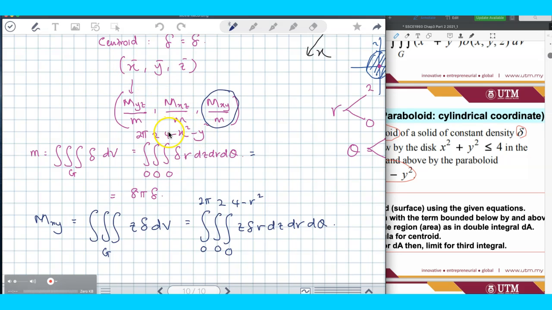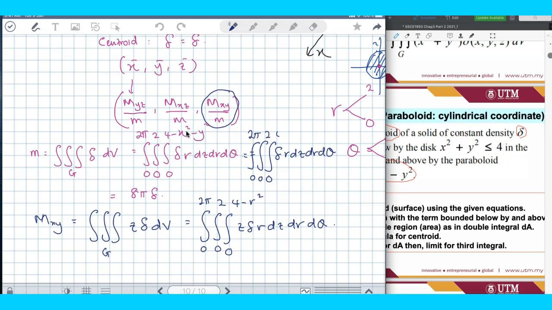Because you want to solve using cylindrical coordinates, this should be transformed into cylindrical: delta r dz dr d theta, with limits 0 to 2 pi, 0 to 2, 0 to 4 minus r squared. Sorry about that. And then you will get this.